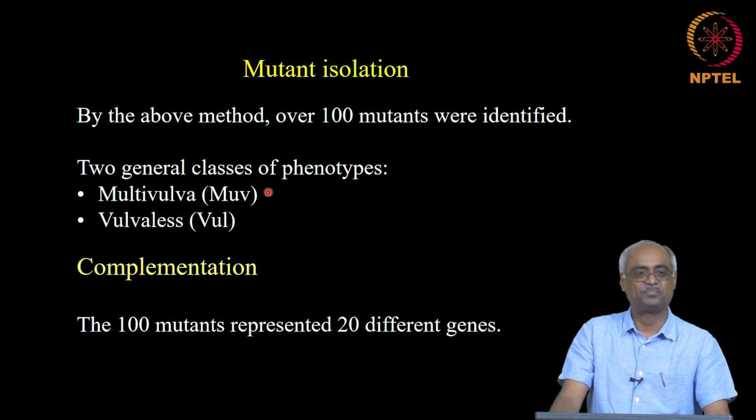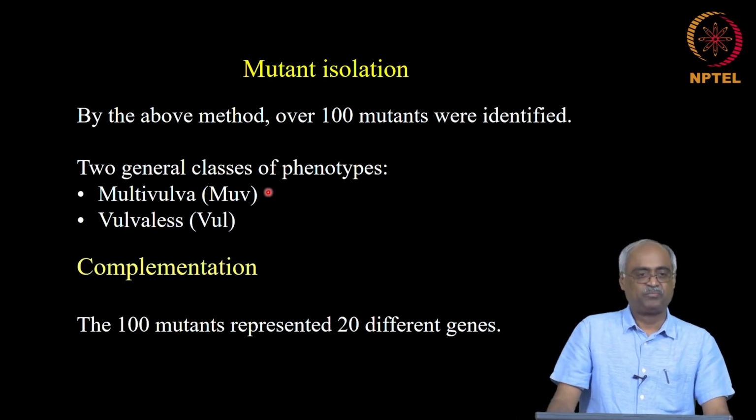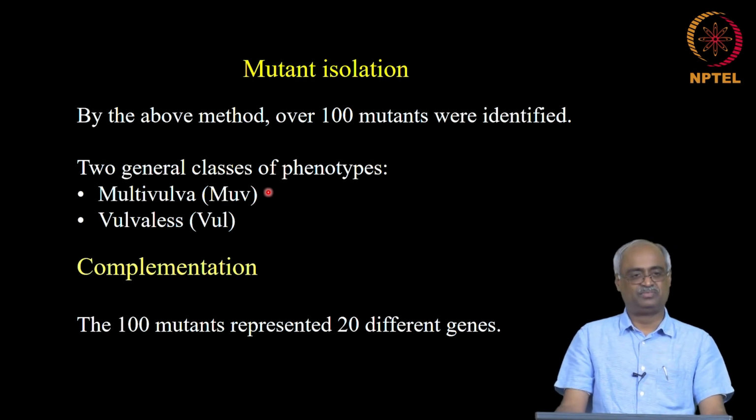So, what you are doing is you take one of these 100 and mate it with another group, and if the mutation is in the same gene, then they will be homozygous for the loss of function of that particular gene. So, they will be vulvaless.